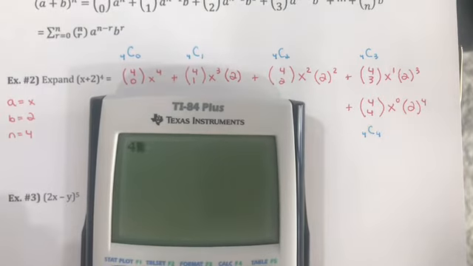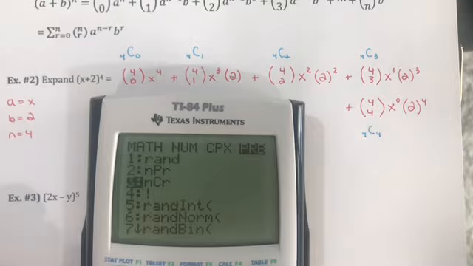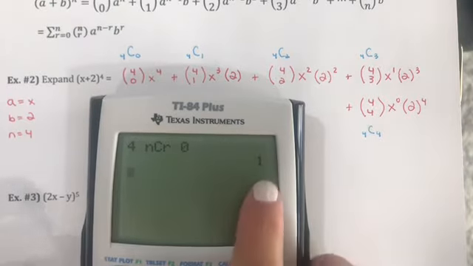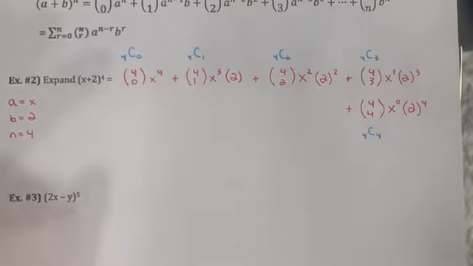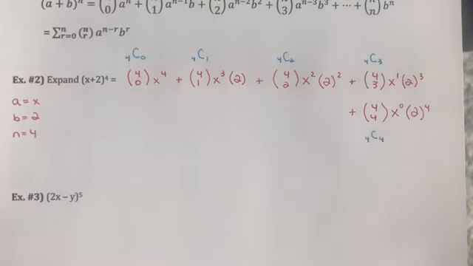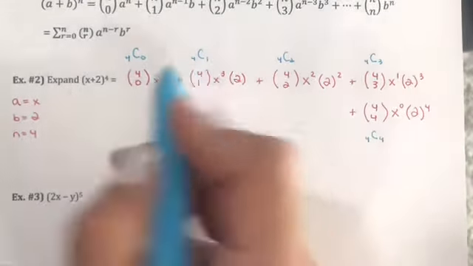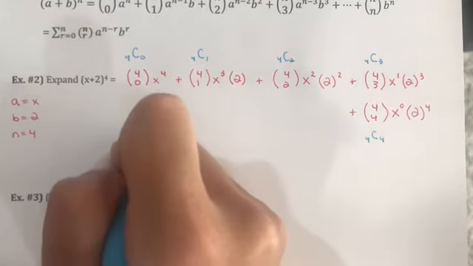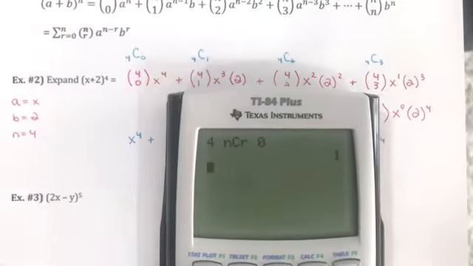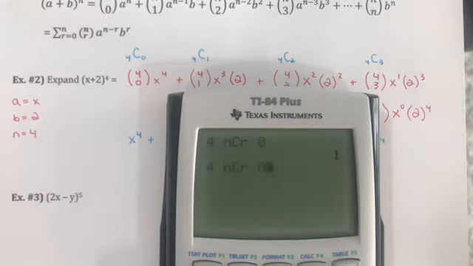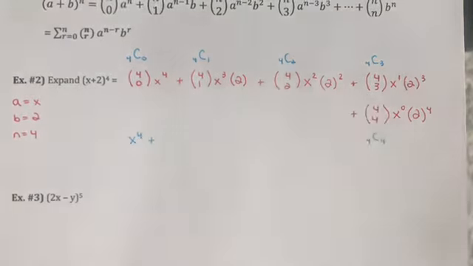So I've got 4C0, and notice I have 1, okay? So my first term is going to be 1 x to the fourth plus, okay, now we're going to do, and I can just copy and paste, 4C1 is a 4.